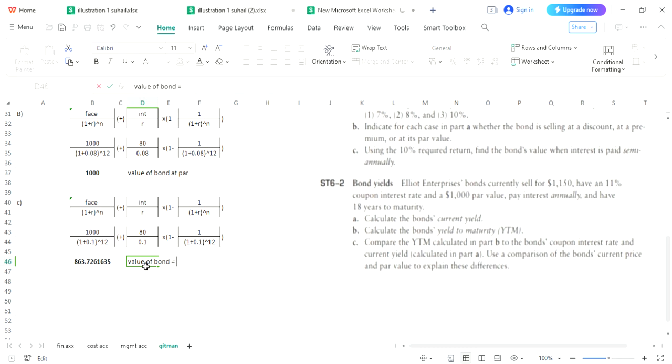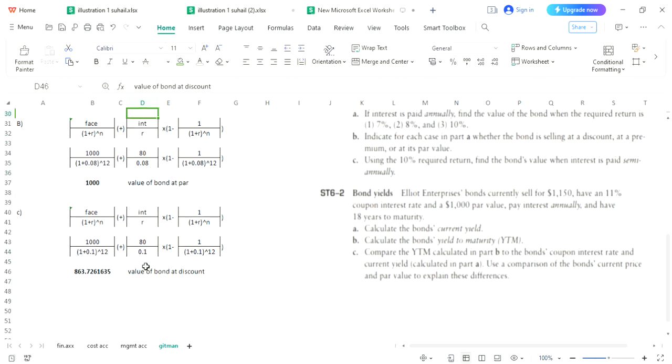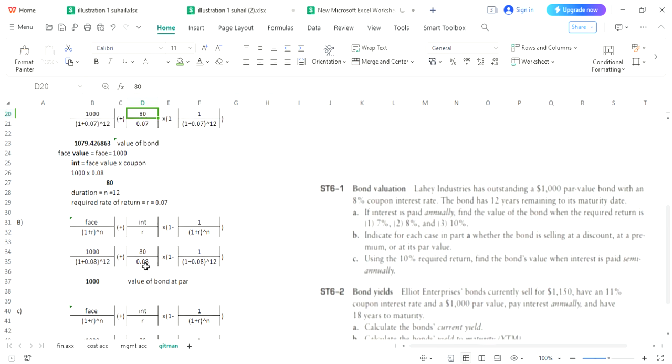It means this is at discount. And in A part, go and see, this is the value of bond you have calculated, but it is more than 1000, so it means it is at premium. So B part you have also calculated.